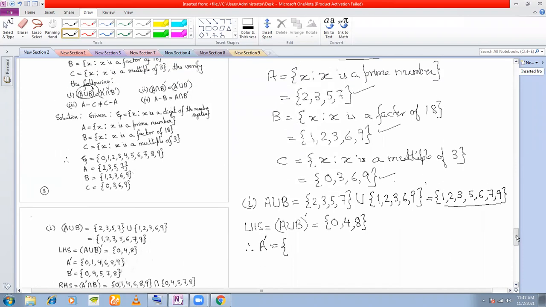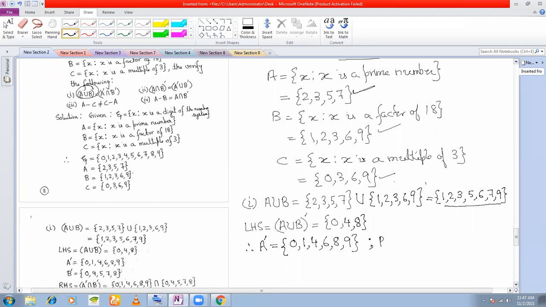A complement are those elements that are not there in A, but are there in the universal set. If you just see, A is this, so 0 is not there in A, 1 is not there in A, 4 is not there, 6 is not there, 8 is not there, and also 9. So this is your A complement.